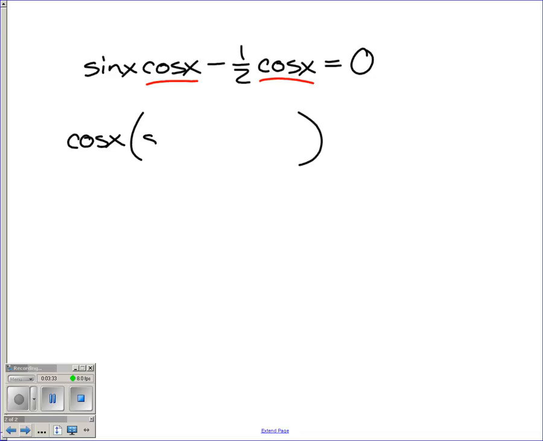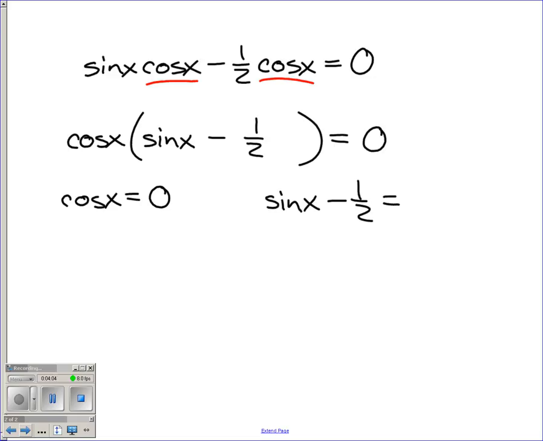For the first term, sine of x, minus 1/2, and that's equal to 0. Now we have two factors: the cosine of x on the outside, the sine of x minus 1/2 on the inside. So I'm going to set both of them equal to 0. Cosine of x equal to 0. Sine of x minus 1/2 equal to 0.